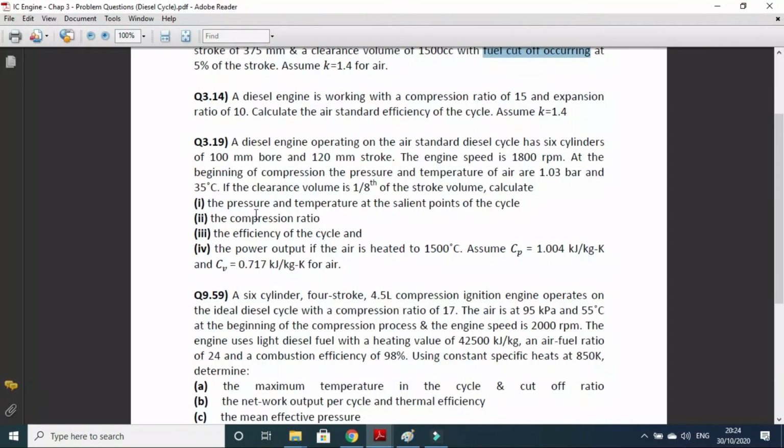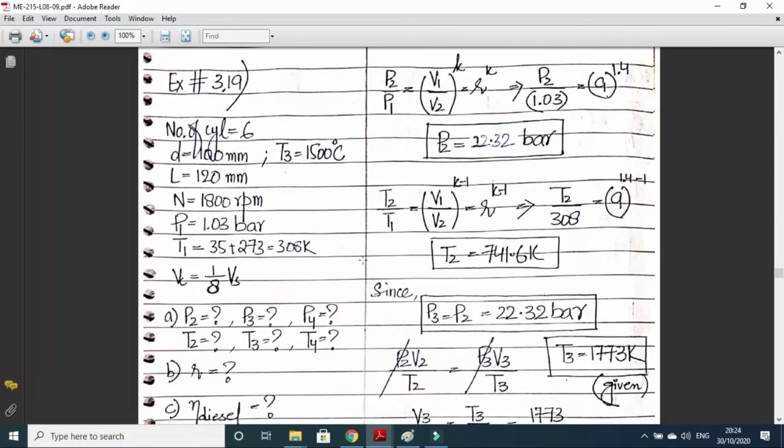Calculate the pressure and temperature at the salient points of the cycle, that is, we have to calculate temperature and pressure at all the points, the compression ratio, the efficiency of the cycle, and the power output if the air is heated to 1500 degrees Celsius. This is the temperature at point 3. Assume Cp and Cv. So we can start solving this numerical.